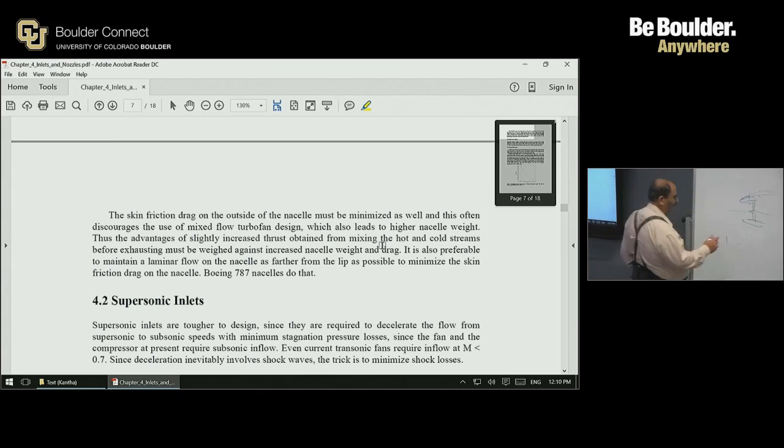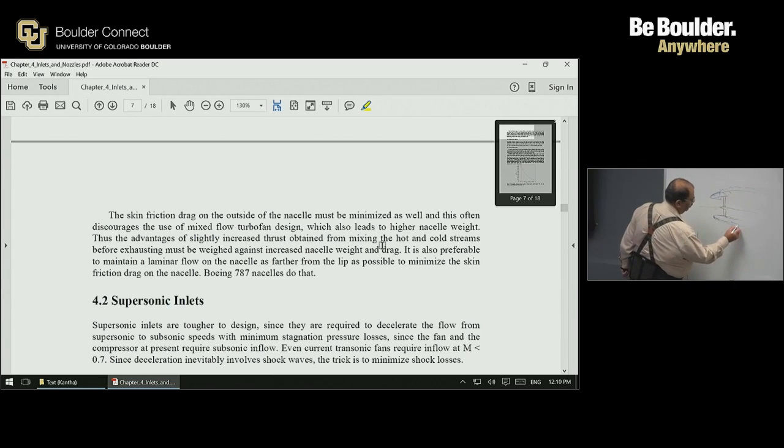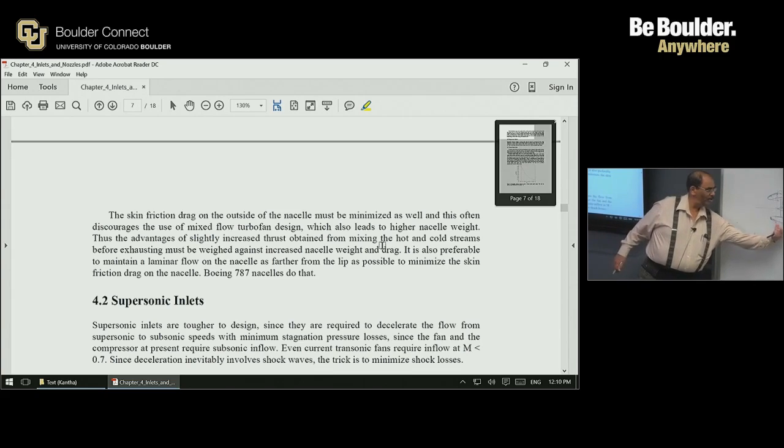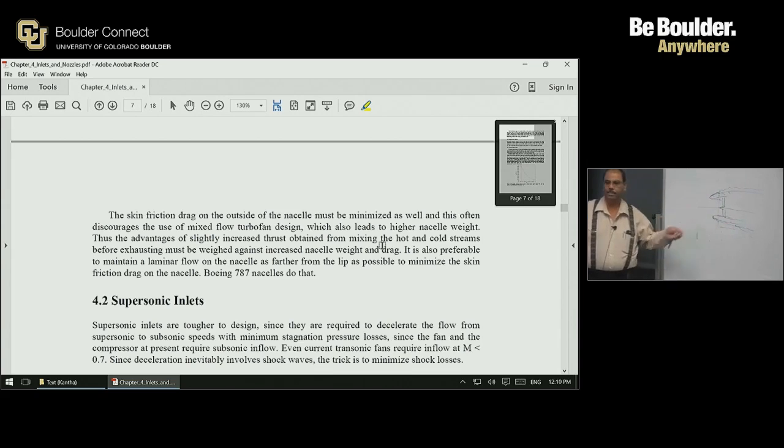So the current trend in designing nacelles, the so-called laminar flow nacelles, is to postpone transition by suitably designing the shape of the nacelle so that the boundary layer stays laminar for a longer period before it becomes turbulent. So let's say we postpone transition from this point to this point. That means the boundary layer flow is laminar for longer, and therefore the drag on the nacelle is reduced.